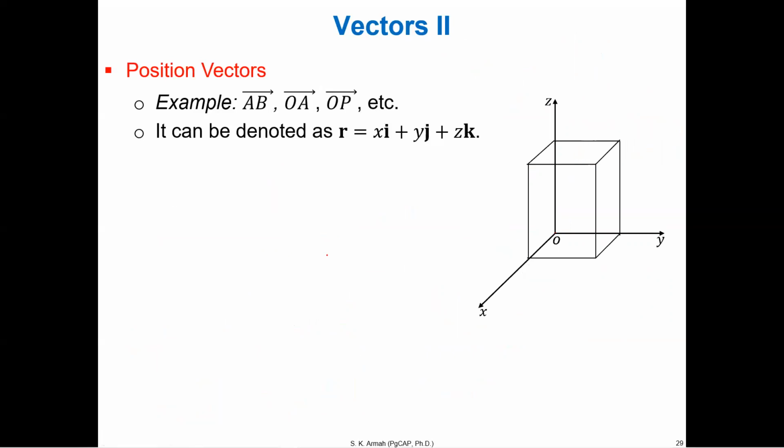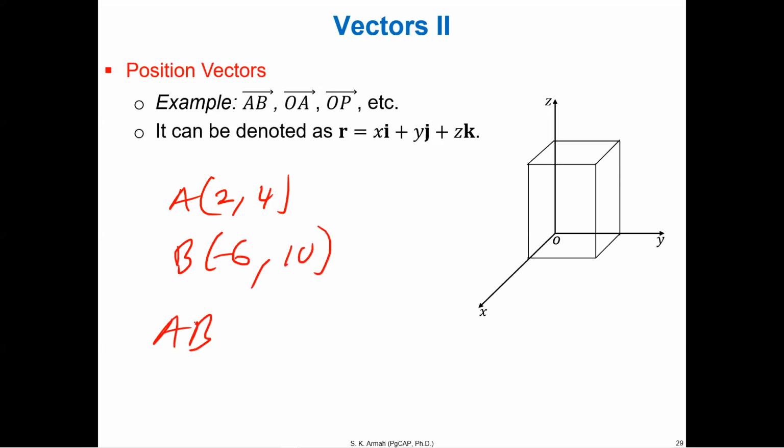When you were in high school, possibly you say, if you have a point A to be (2, 4), and a point B to be (-6, 10), and you want to find vector AB, let me write what you should do, the column form. Then this is OB minus OA. Take note, these are coordinates, they are not vectors.